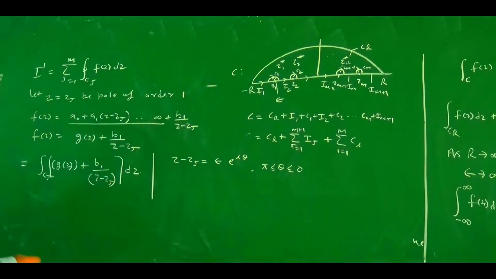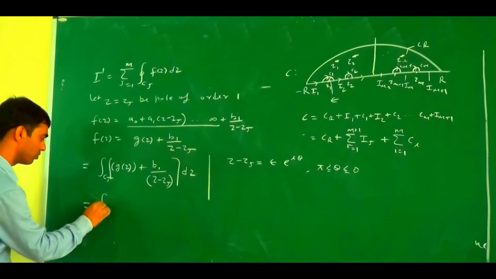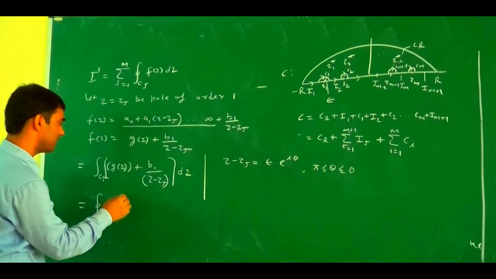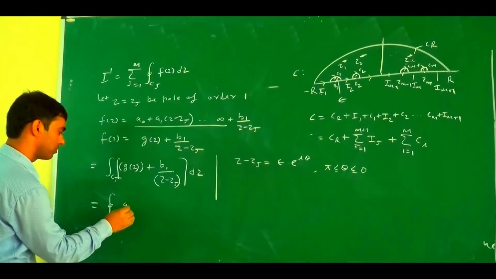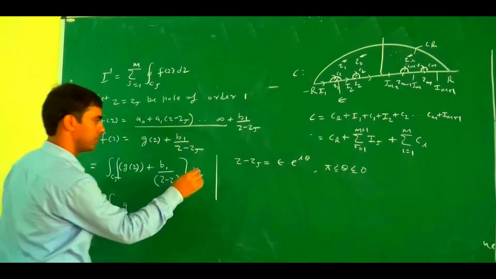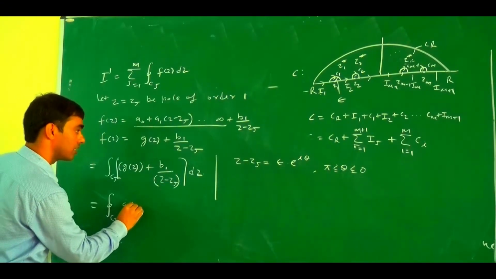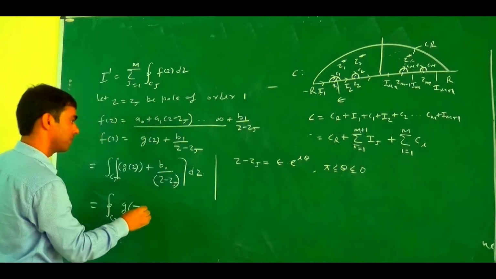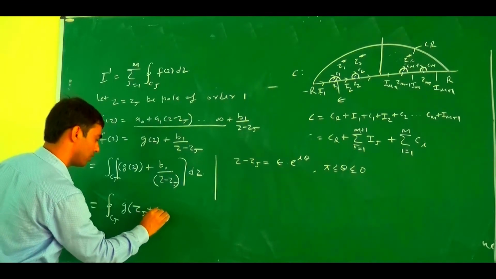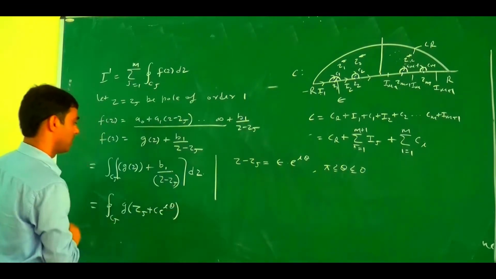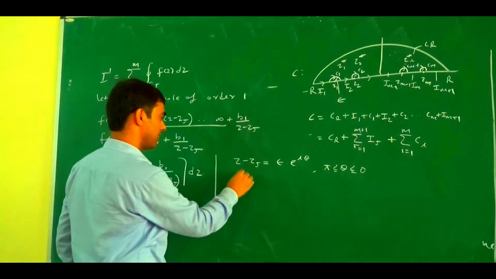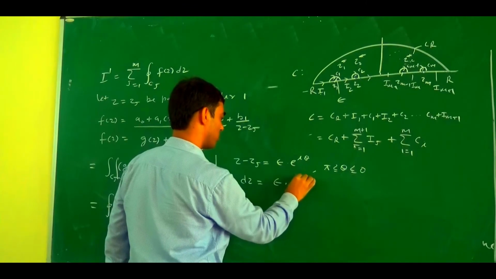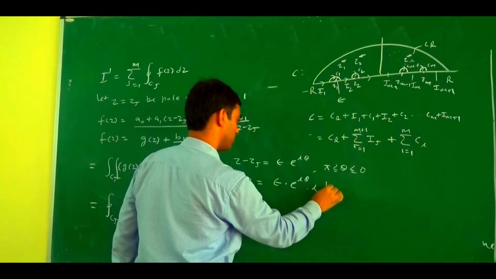If we put this in, the first integral over Cj of g(z), where z is zj plus epsilon e to the power i theta, and dz becomes epsilon times e to the power i theta times i d theta.